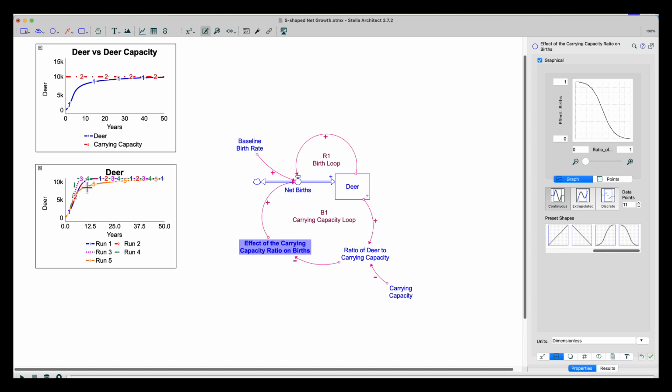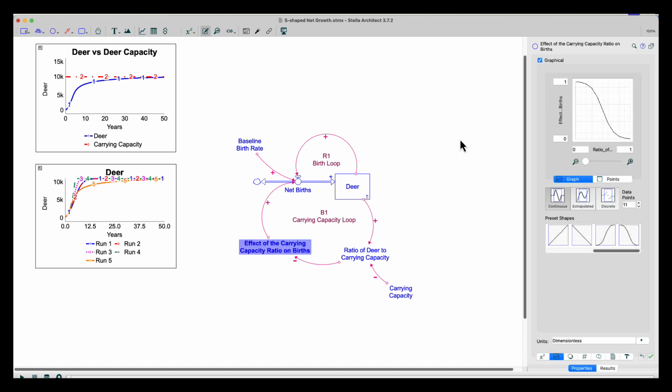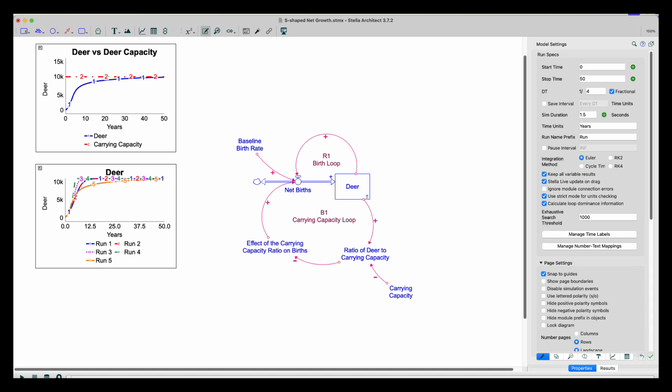And it slows down the approach to the carrying capacity. And that's all a nonlinear or a graphical function is. Again, we're telling a story about this, but I just wanted to show you how to build these in Stella. That's it for now. I'll see you folks.